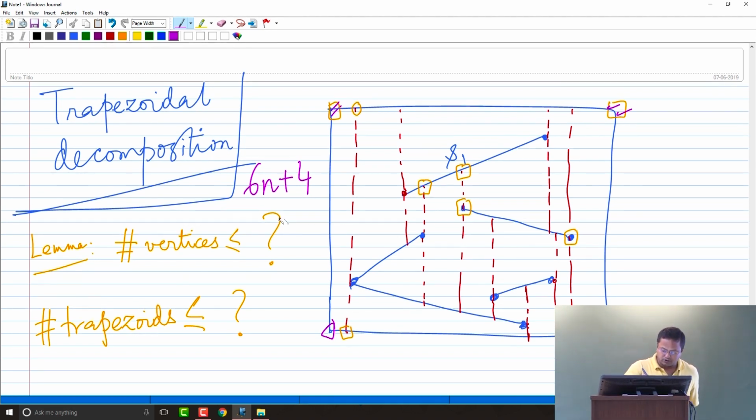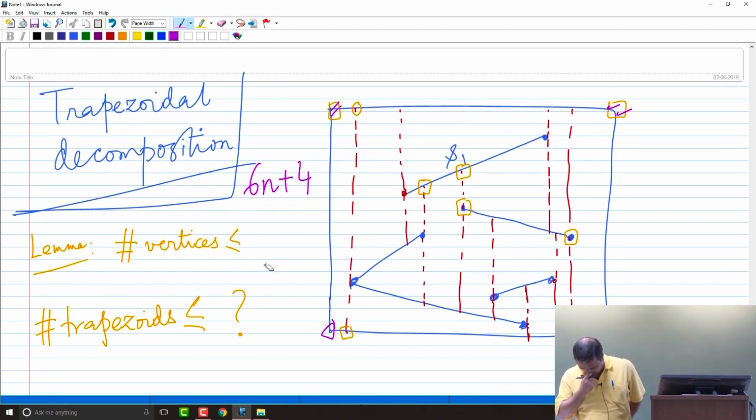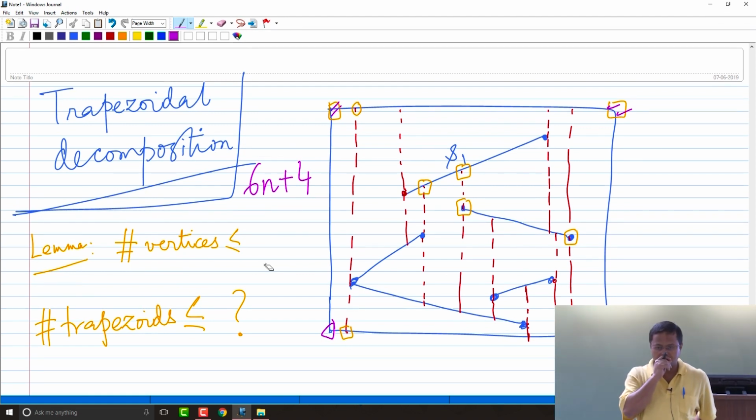So, this is no longer a question for us. Okay. Now, let us look at the trapezoids. What is the number of trapezoids? How do you count trapezoids?